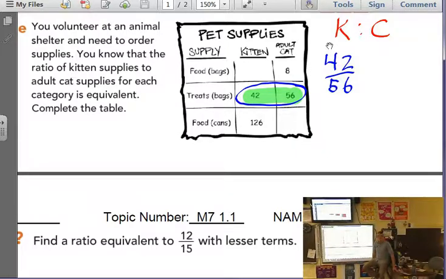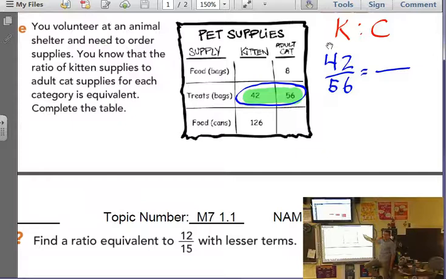Then, what could 42 and 56 both divide by? Ellie, your card is up. You can divide by 7, right? Which gives me an equivalent ratio of what?